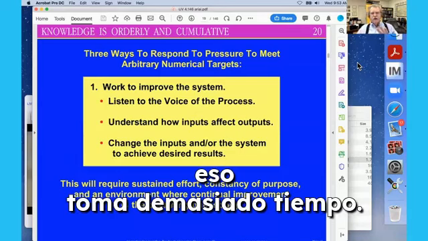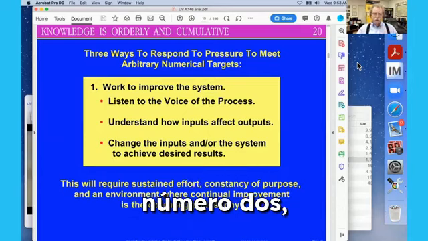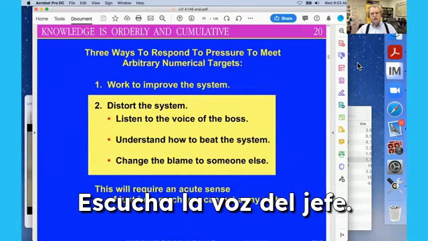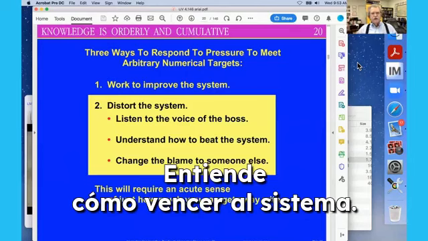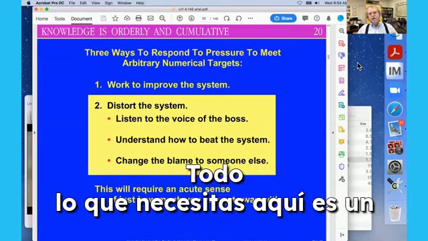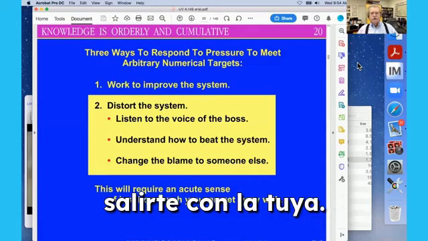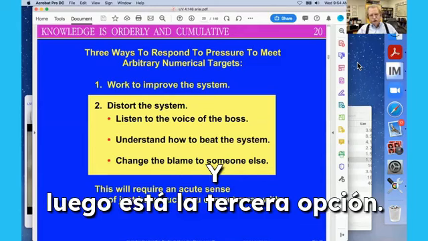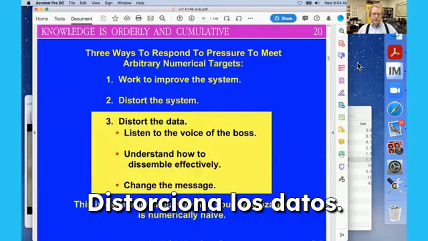Well, that takes too much time. What else can we do? Well, number two, you can distort the system. Listen to the voice of the boss, understand how to beat the system, change the blame to someone else. All you need here is an acute sense of how much you can get away with. And then there's the third option, distort the data.